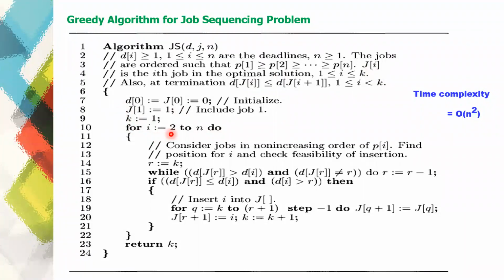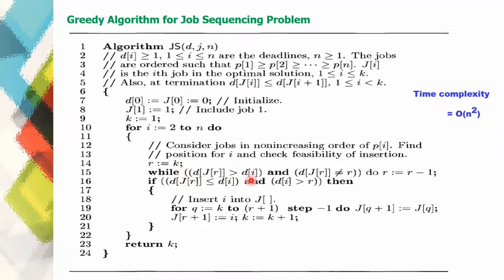Then from the second job to the nth job, you have to decide whether you can include the job into the solution or not. For that, this is the process. You can see here the process that just now I have discussed, or you are going to initialize it with 1, which indicates the number of jobs that are already there in the solution. Then you have to repeat this process.